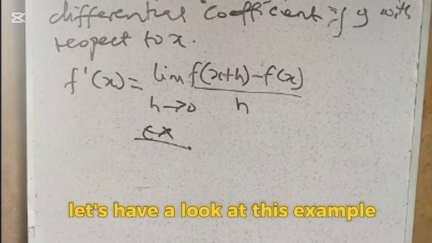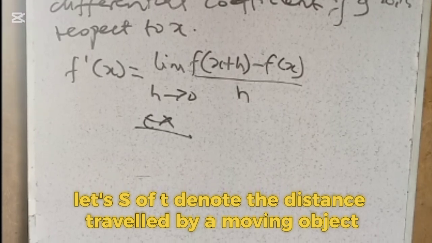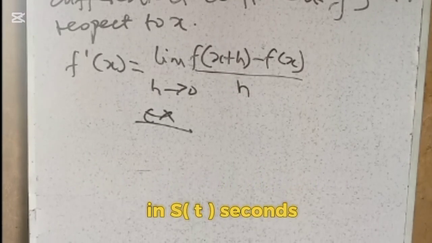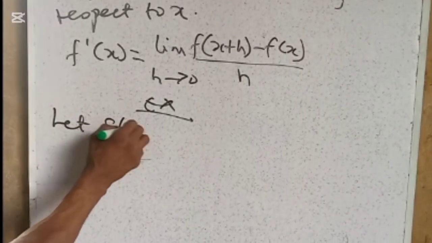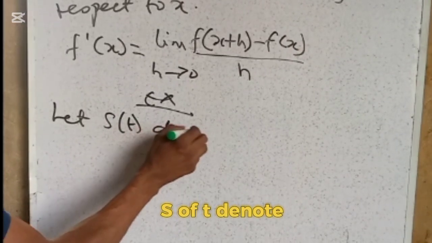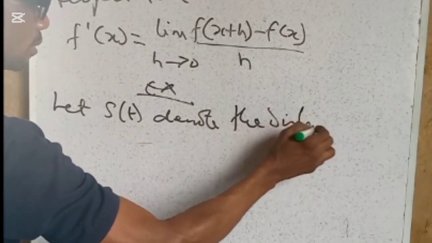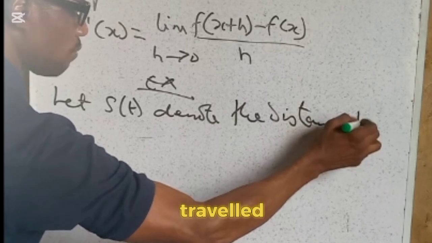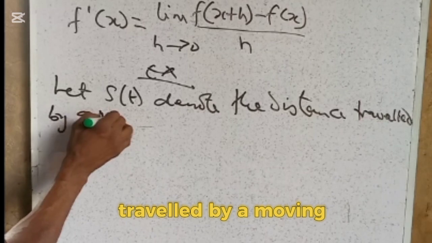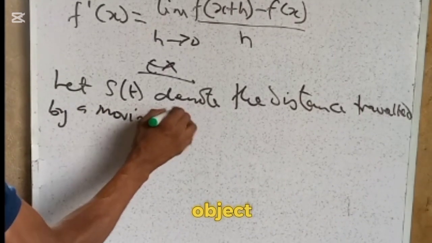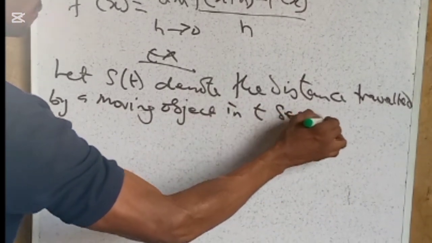Let's have a look at this example. Let s of t denote the distance traveled by a moving object in t seconds.